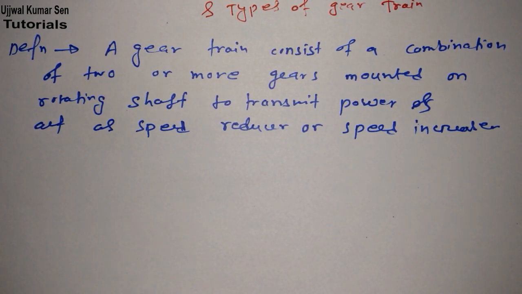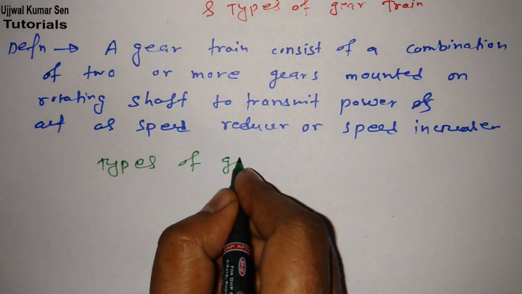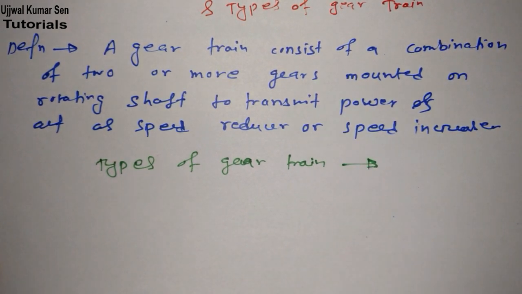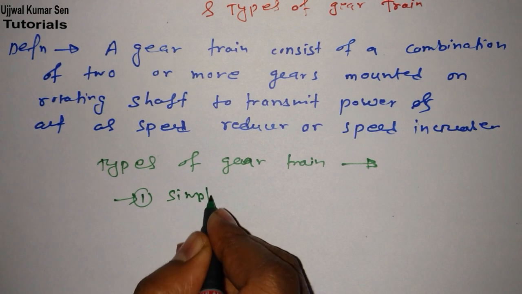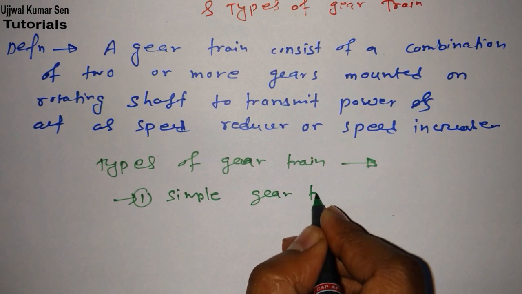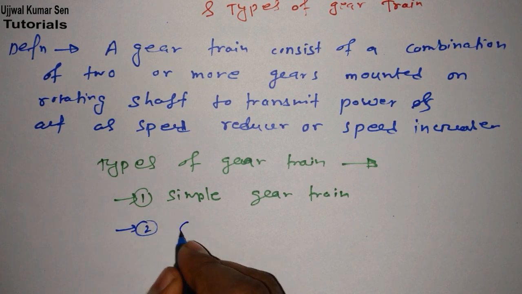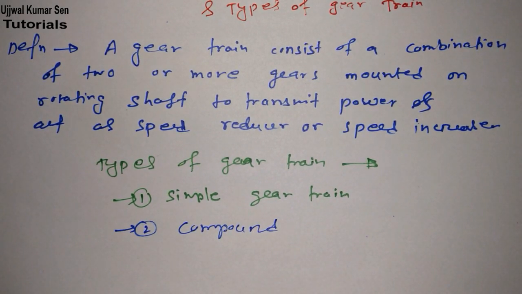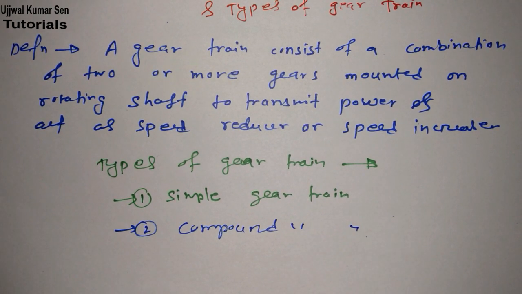Now let's get started with the types of gear train. First, the simple gear train, and second, the compound gear train. I will tell you the main difference between the simple gear train and the compound gear train, don't worry.